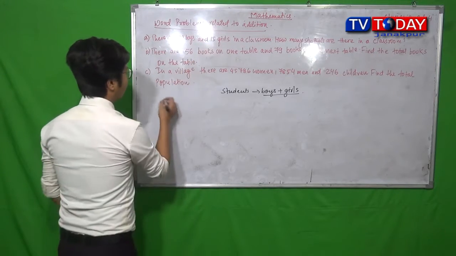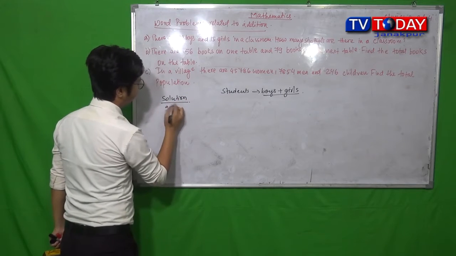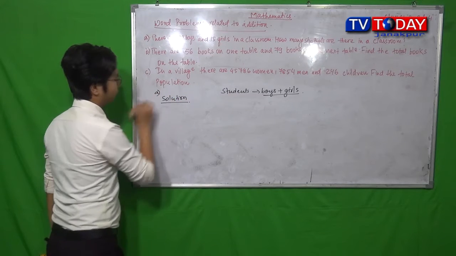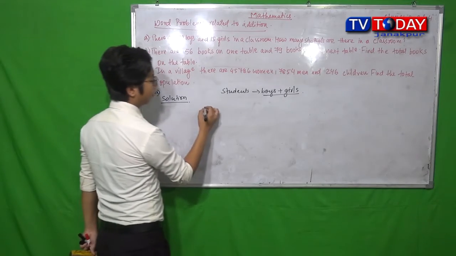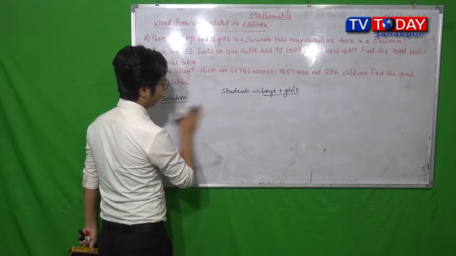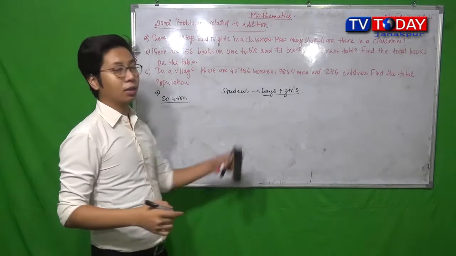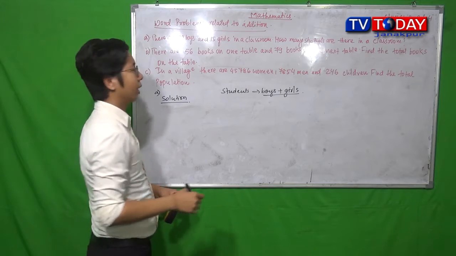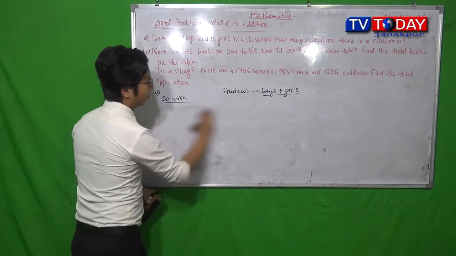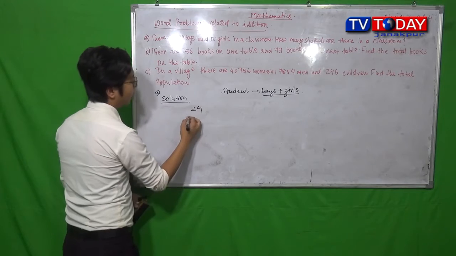So solution 1. Number of boys is 24. For smaller students like students of classes 2 and 3, you can directly do the addition like 24 plus 15.